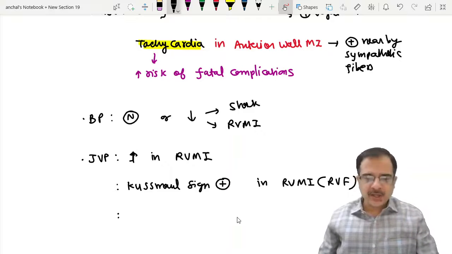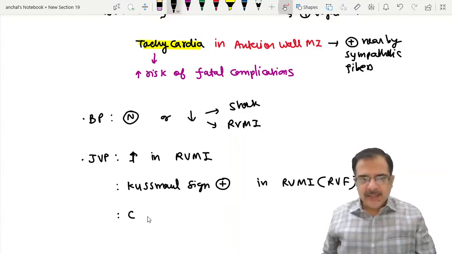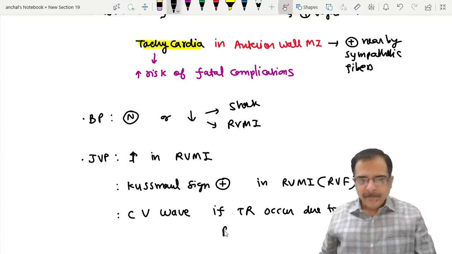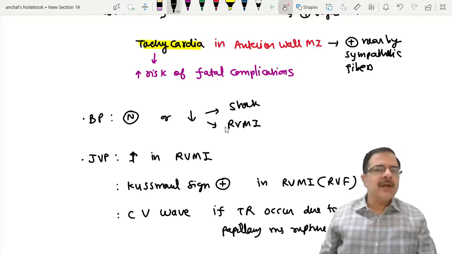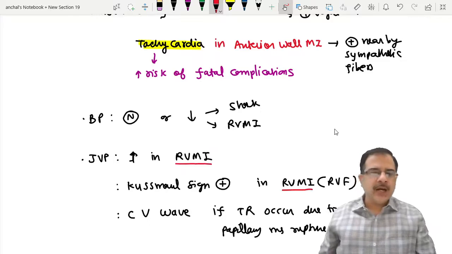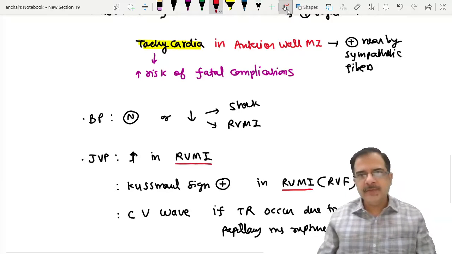Tricuspid regurgitation can occur, and there will be large CV waves if tricuspid regurgitation occurs due to papillary muscle rupture of the right ventricle, again because of the right ventricle MI. So this right ventricle MI is important, and that leads to the typical signs of the JVP.